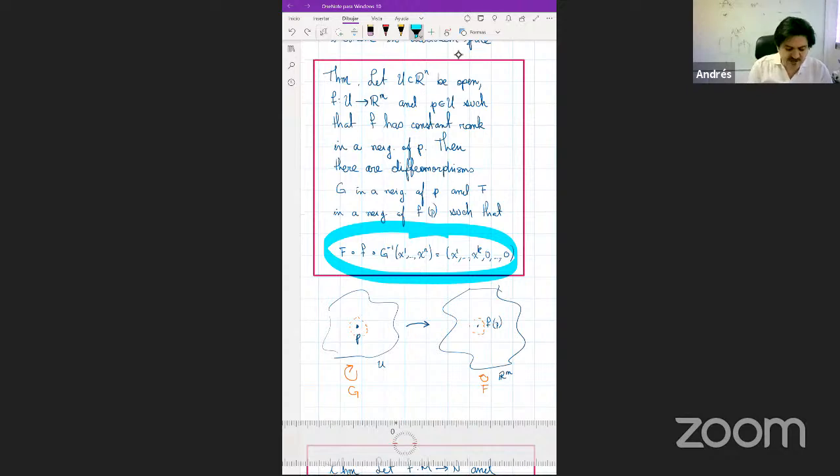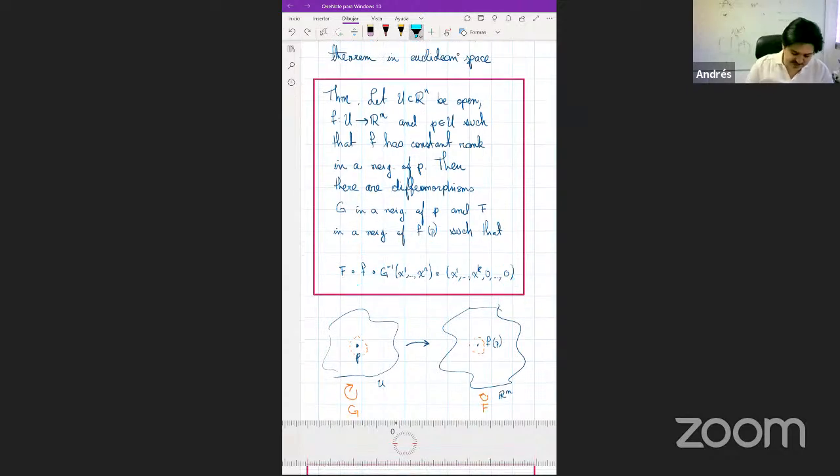So I'm writing the function f, basically. I'm finding local coordinates around P such that f looks like this. Oh, here K is the constant rank. I missed that one, sorry. I'm going from Rn to Rm.